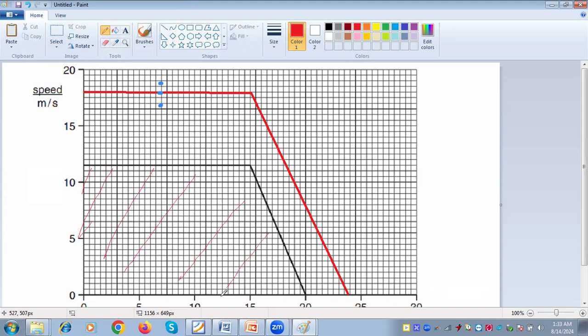You will calculate area under the trapezium because it is the shape of a trapezium, or you can take the rectangle plus triangle. Find the area under the rectangle and area under the triangle, and add them. The lorry's distance will be greater because area under the graph is greater.